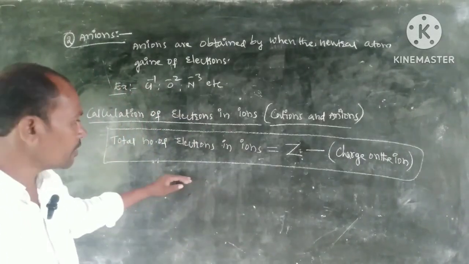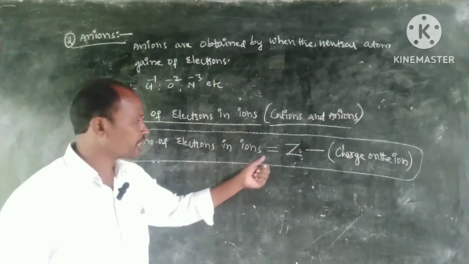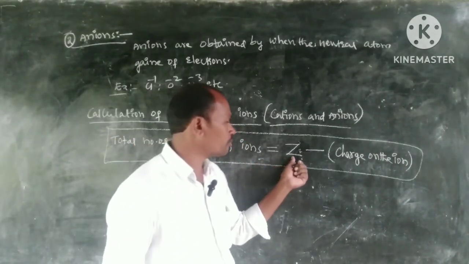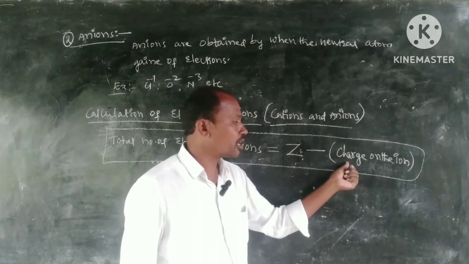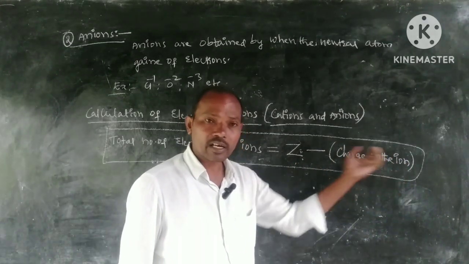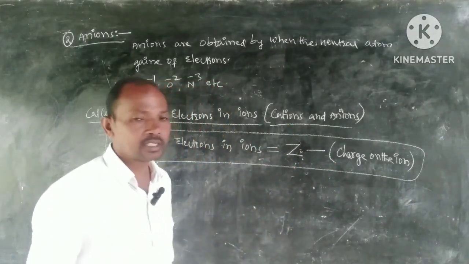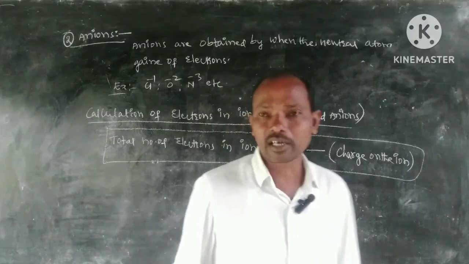So what is the principle? The total number of electrons in ions is equal to atomic number minus charge on the ion. Ion means cation or anion. So this is the principle for the calculation of the electrons present in ions.